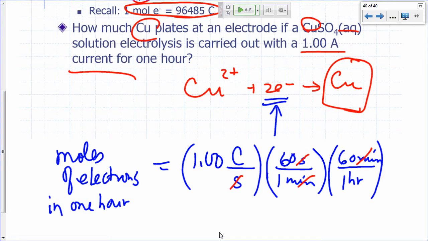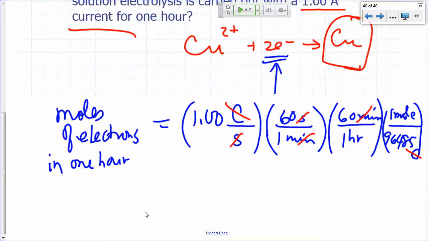Use the Faraday constant. 1 mole of electrons is how many coulombs? 96,485 coulombs, right? So coulombs cancels out. So that calculates moles of electrons.